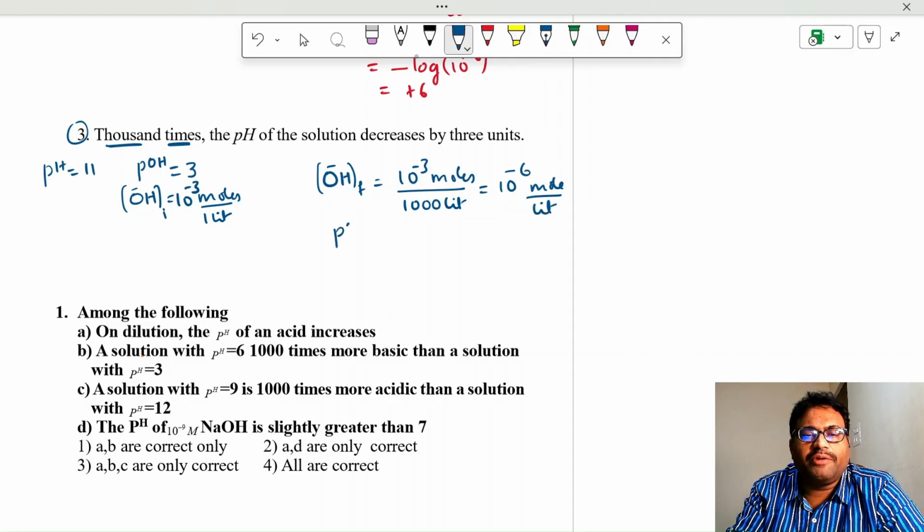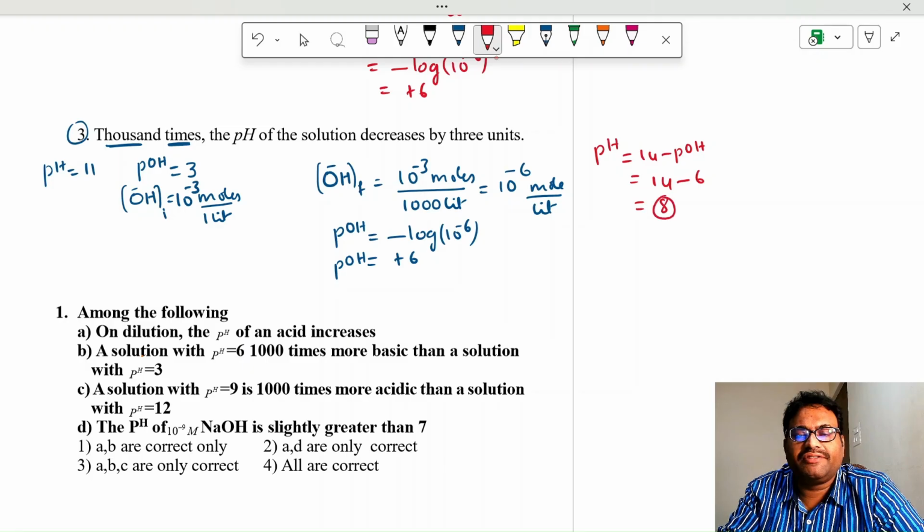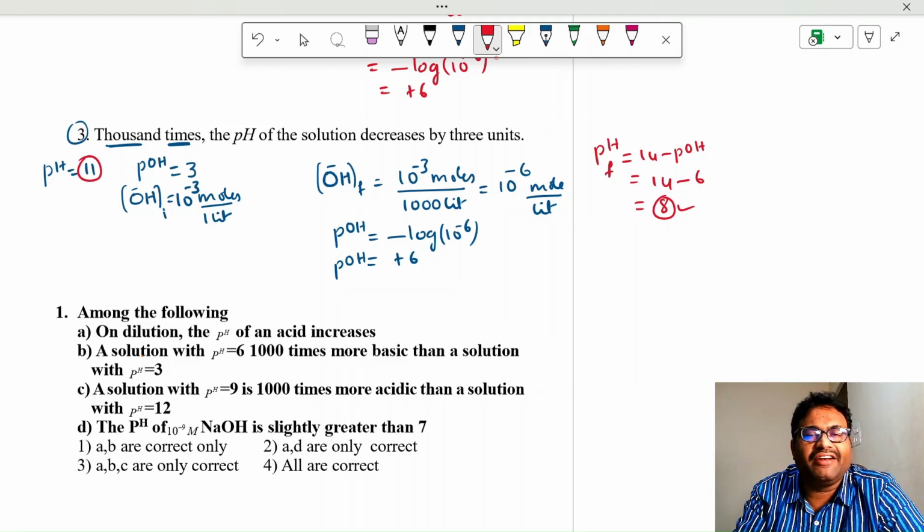So how to calculate pOH? pOH is equal to minus log 10 power minus 6, and that is equal to 6. pOH you got. Then how to calculate pH? pH is equal to 14 minus pOH, that is equal to 14 minus 6, that is equal to 8.